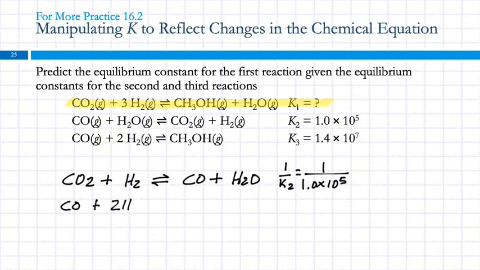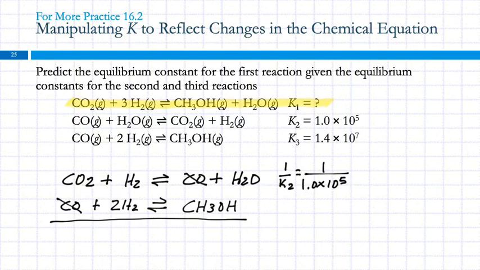Plus 2H2. And let's see, is that going to be good enough? When I add those together, the COs go away, and I'm going to get 3 H2s here. CO2 plus 3 H2. And I've got CH3OH and H2O.